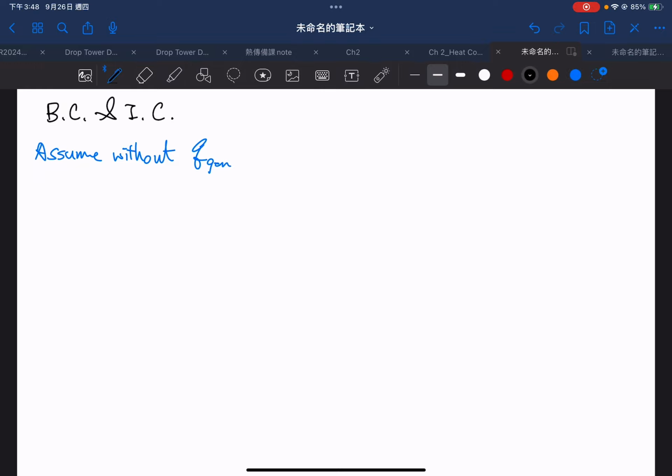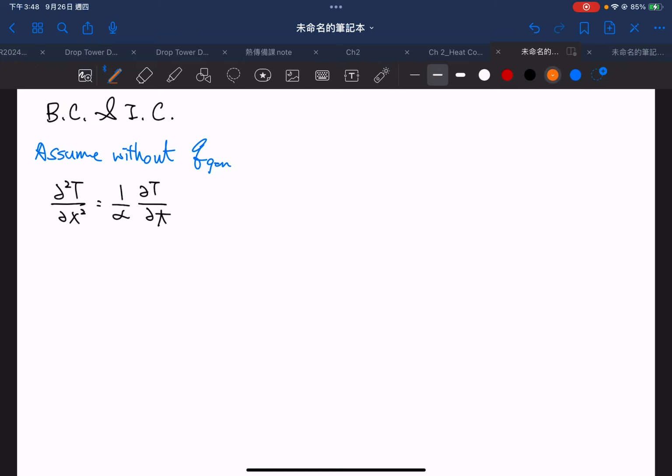Before that, let me write down the heat equation again, but without the heat generation. The equation becomes partial T partial x, in one direction, equal to alpha times partial T partial t.